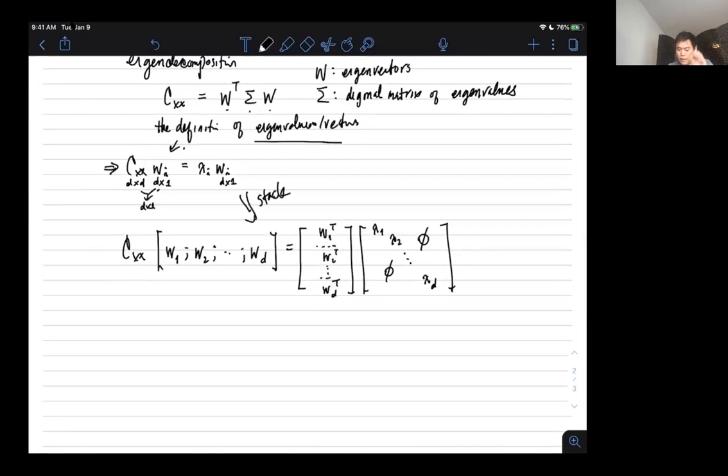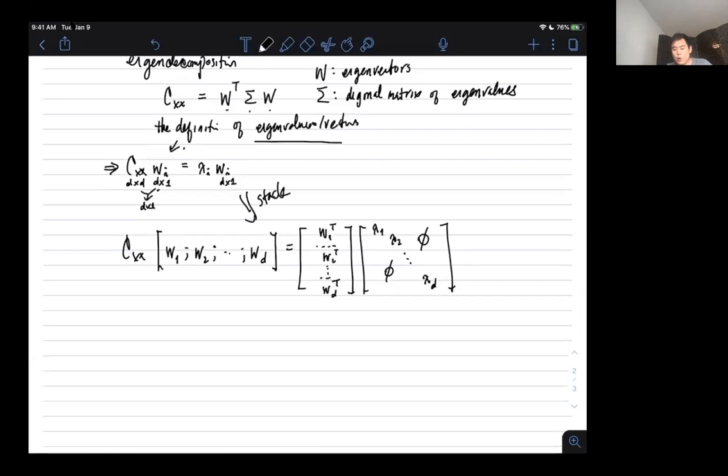So by stacking, CXX times W1 equals lambda 1 W1, CXX times W2 equals lambda 2 W2, CXX times W3 equals lambda 3 W3, and so on all the way to CXX times WD equals lambda D times WD.